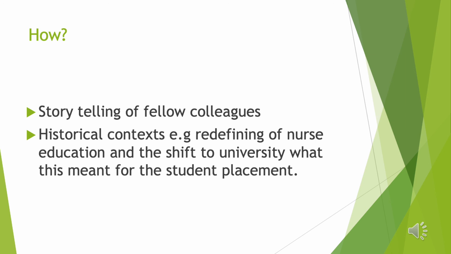And also look in a bit more detail at the historical context of nurse education and the shift that happened when nurse education went to university, and what this meant for community nurses and the student nursing placement. Because what actually happened when the shift happened from hospital training to university training was that community placements became more available, and students went out into communities for a placement experience and an assessed placement experience as opposed to just an observation.